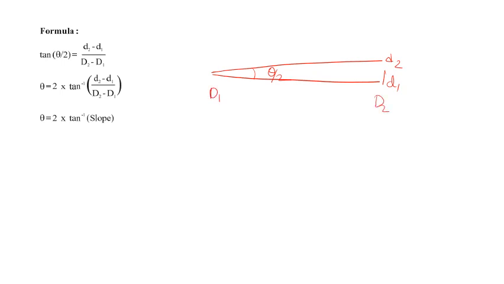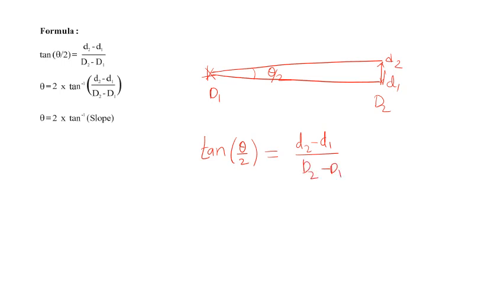So if I want to find the divergence or spread of the laser source which is at this point with respect to distance, we have to measure tan of theta by 2, which is equal to d2 minus d1, that is the distance along y-axis, divided by capital D2 minus D1, that is the distance along x-axis.